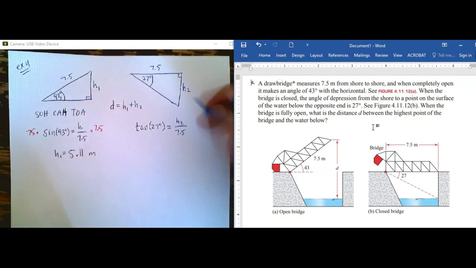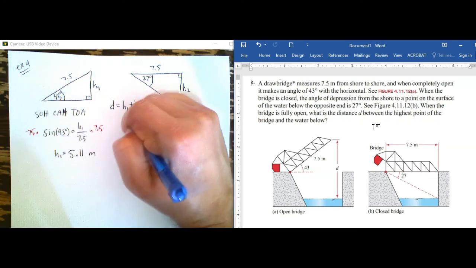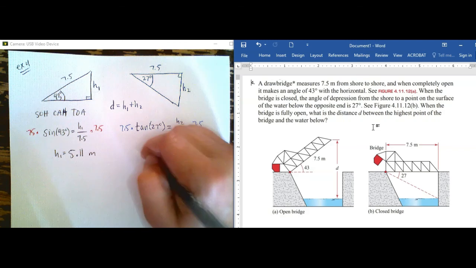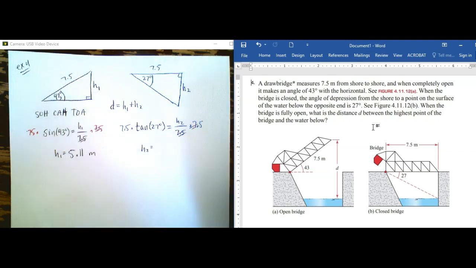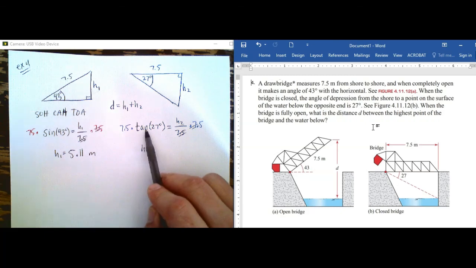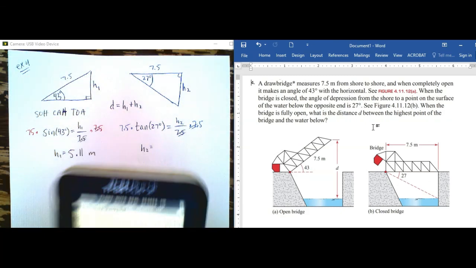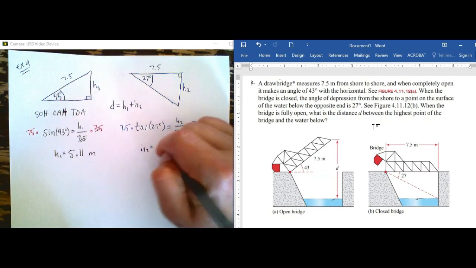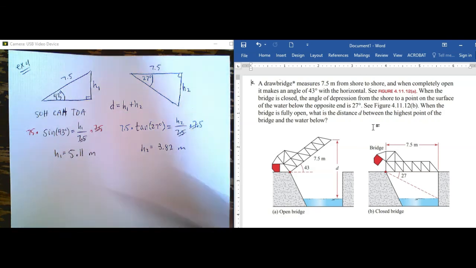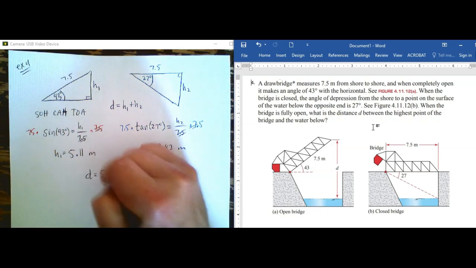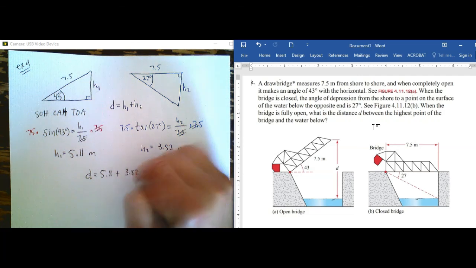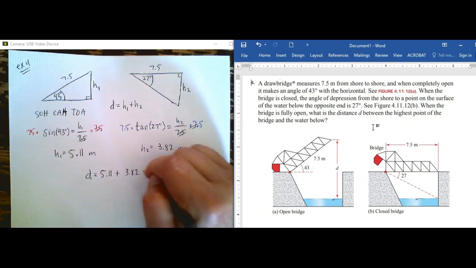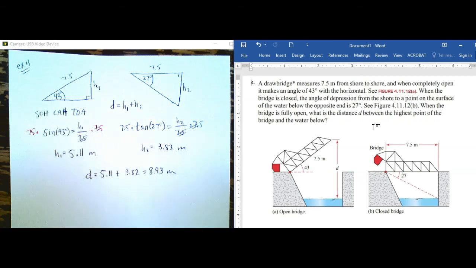Multiply by 7.5 on both sides, so h2 equals 7.5 times tangent of 27. That's 3.82 meters. So d is 5.11 plus 3.82, or 8.93 meters.